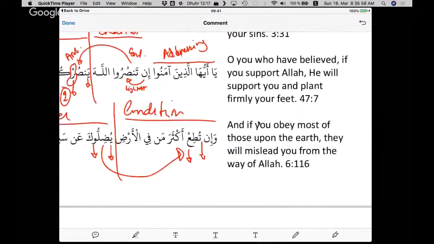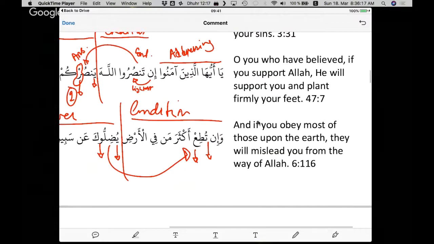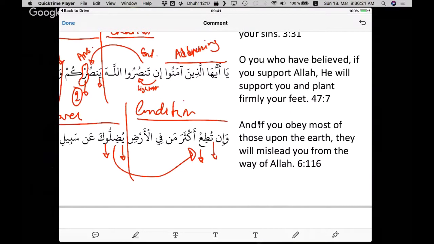And if you obey, wa in tuti, if you obey most of those upon the earth, aksara man fil ard, yudilluka, they will mislead you. Now this is the answer to the condition. They will mislead you. So the condition ended by saying, and if you obey most of those upon the earth, they will mislead you from the way of Allah.